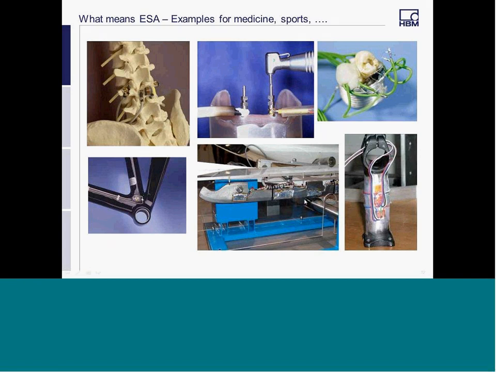So everywhere where you have mechanical components which are under high load, which have to withstand a lot of energy, a lot of impacts, the ESA is important, because you always, in an optimization process, it must not be heavy, it must be light, not so much material, but it must withstand all the impacts.